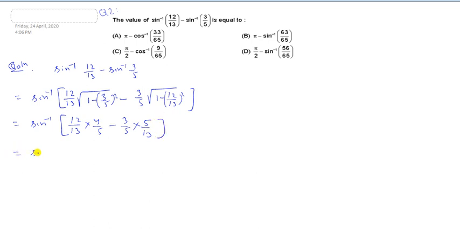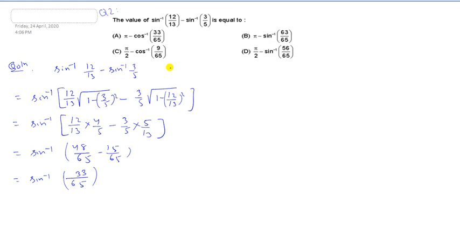So this is sine inverse of 48 by 65 minus 15 divided by 65. So this is equal to sine inverse of (48 minus 15) by 65, that is 33 divided by 65. Now let me check which options are correct. I am getting directly here 33 by 65.